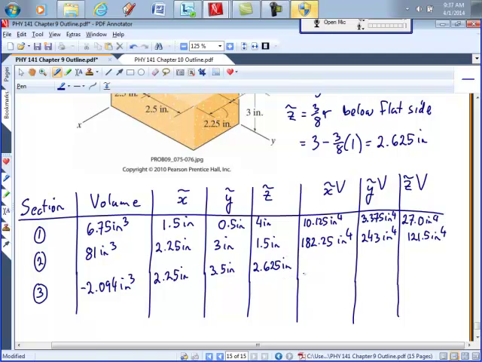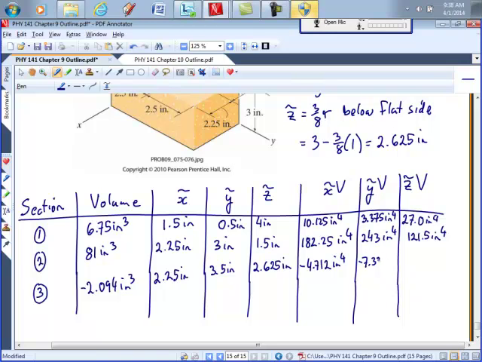Okay, now we multiply our x tilde times our volume. That's going to be negative 4.792, 712. Negative 7.333, 330.